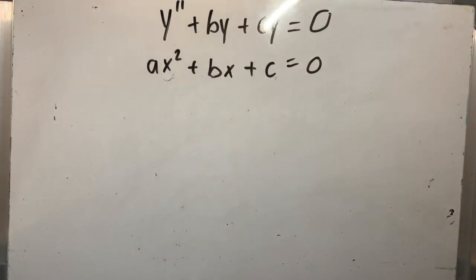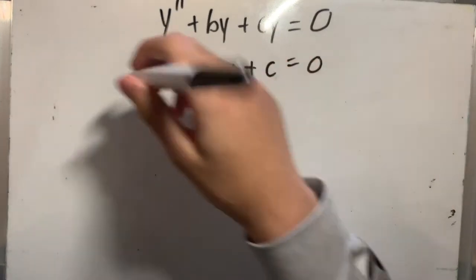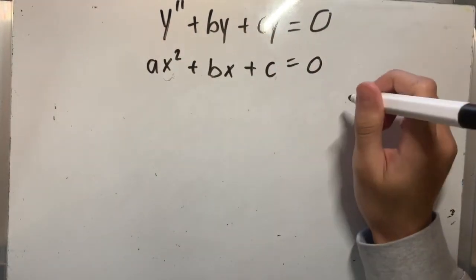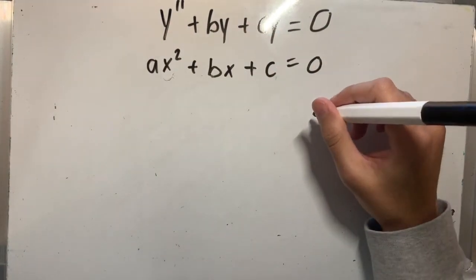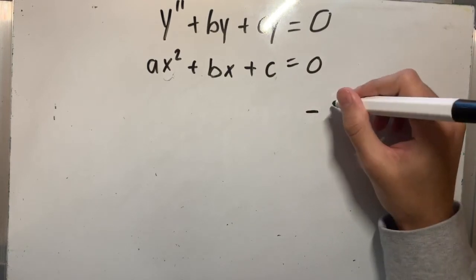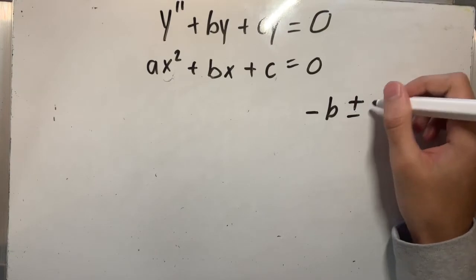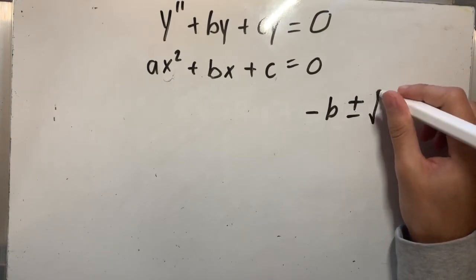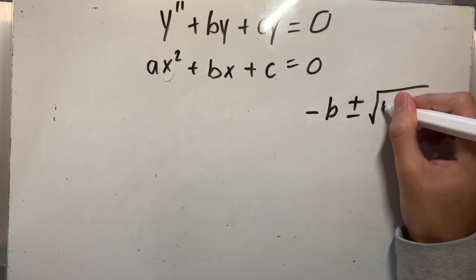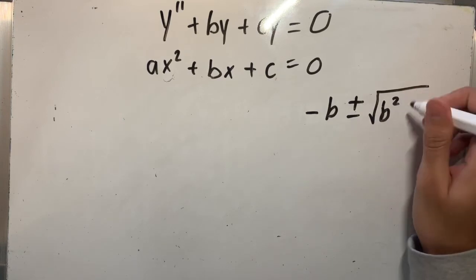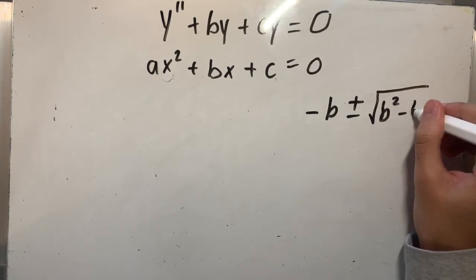There's a certain way to solve these questions, and basically you'll have to find the discriminant, which is in the quadratic formula. The quadratic formula is negative b plus or minus the square root of b squared minus 4.